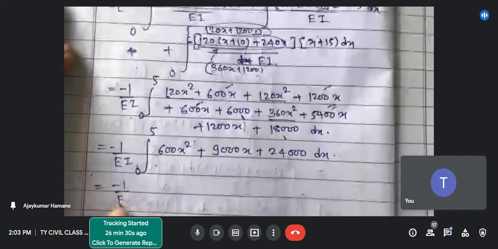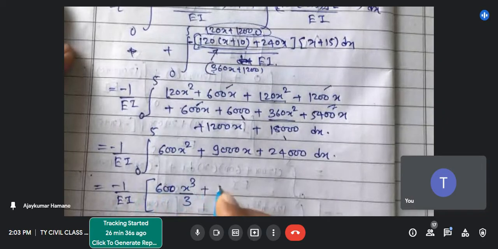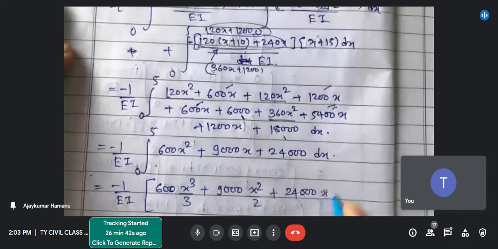Now minus 1 by EI, 600 x cube divided by 3 plus 9000 x squared divided by 2 plus 24000 into x, limits are 5 to 0.